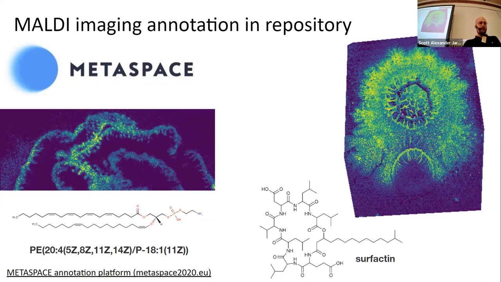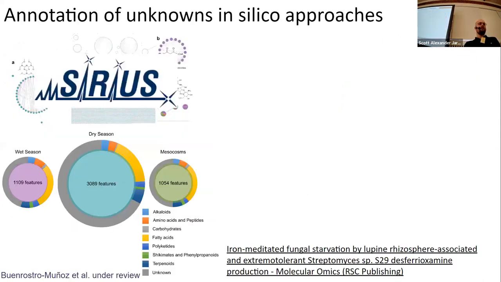And then the last slide is really about annotations of unknowns. In silico approaches are really starting to become useful for mapping that chemical space that we have no idea what's there. The guys later this afternoon are going to talk about Sirius.